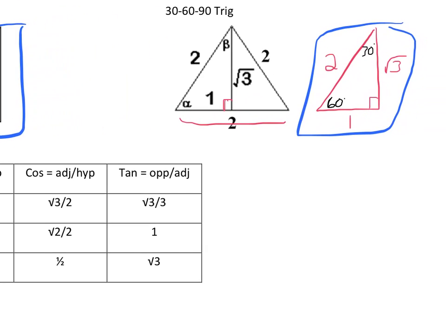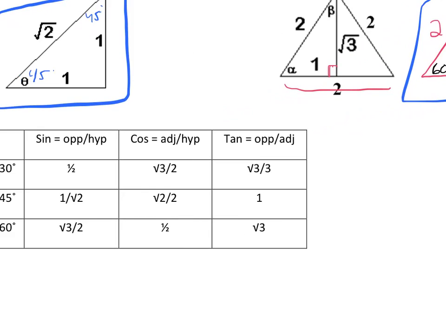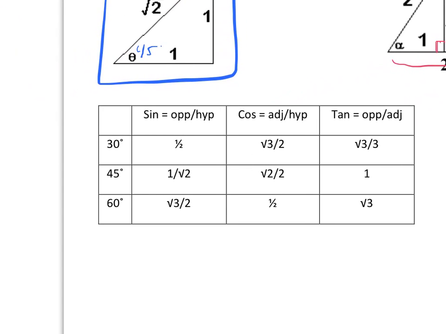You have a 30 degree and a 60 degree angle show up. So that's represented here. So with these particular angles in mind, sine of 30 is 1/2, right here. Cosine of 30 is √3/2, and tangent of 30 is √3/3.